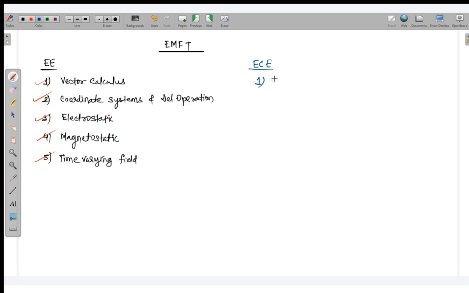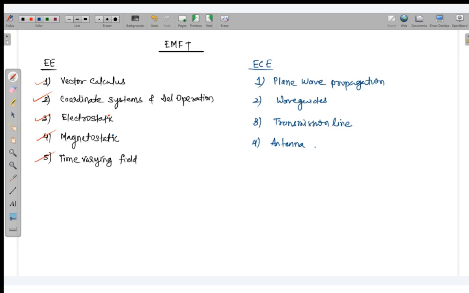And then apart from this, you have to cover plane wave propagation, waveguide, transmission line, and antenna. So these are the 4 other chapters apart from these 5 chapters in the EE syllabus that we need to cover in EC.